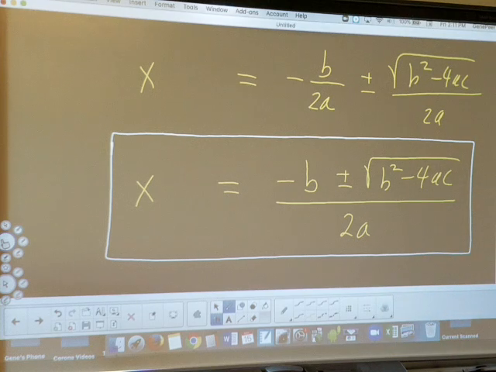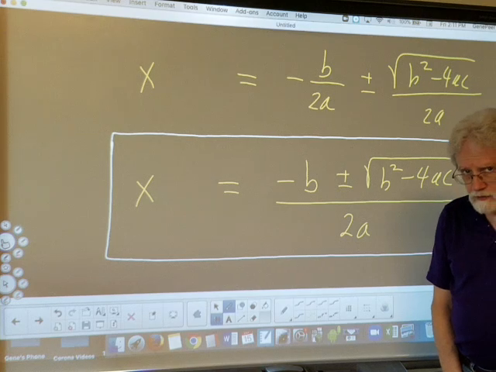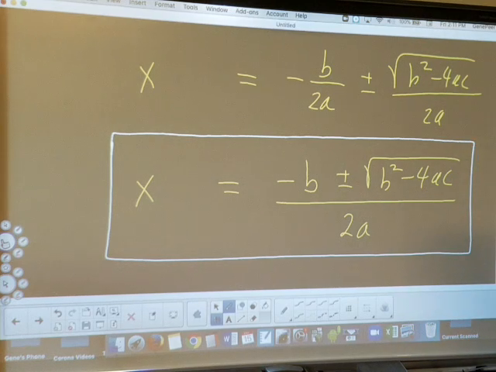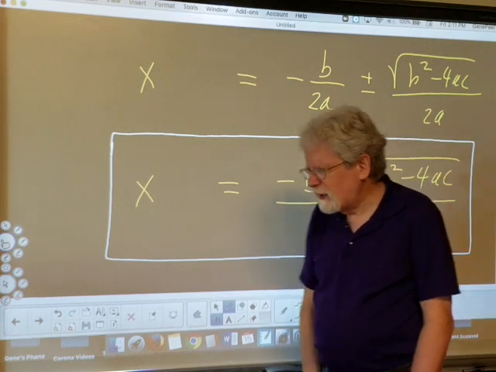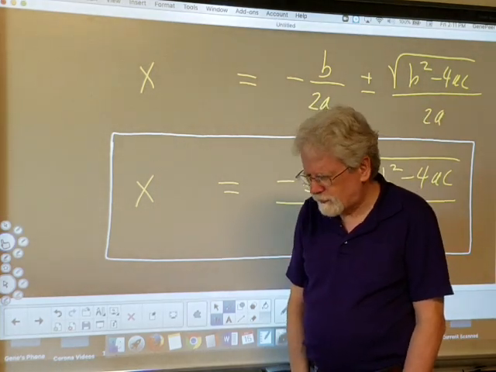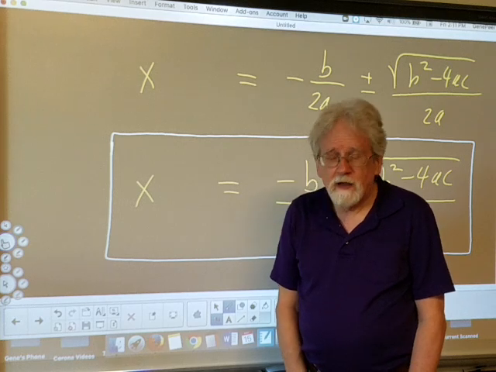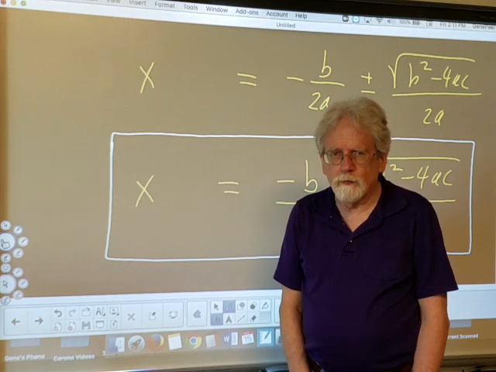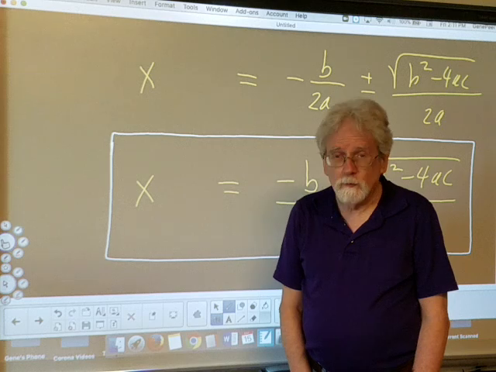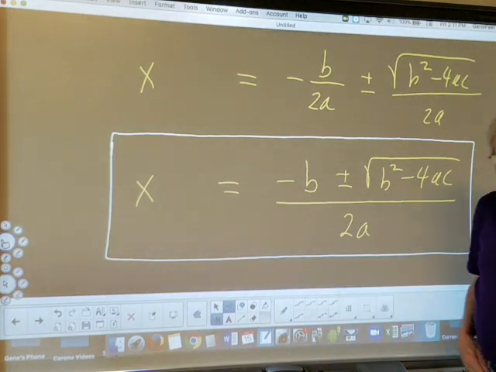This is what your pre-calculus and calculus teachers will expect you to know. If they say to you, hey, prove to me you know the quadratic formula, and you go, oh, it's x equals something, it involves a square root and there's a b in there someplace and a fraction, they will laugh you right out of the room. You'll be expected to know this.